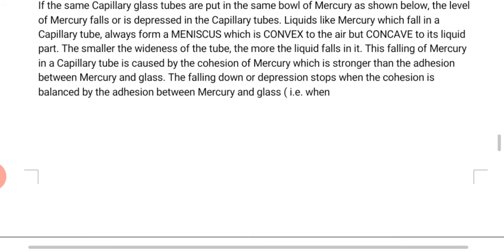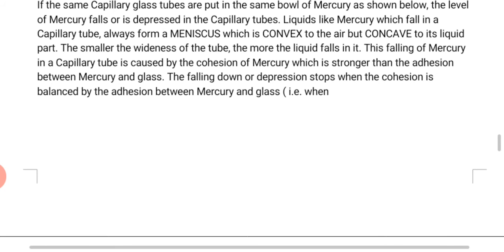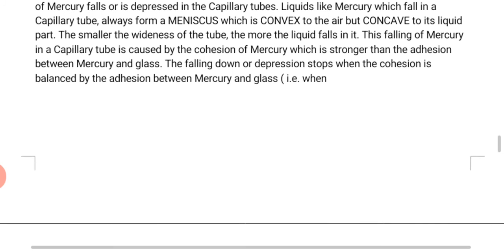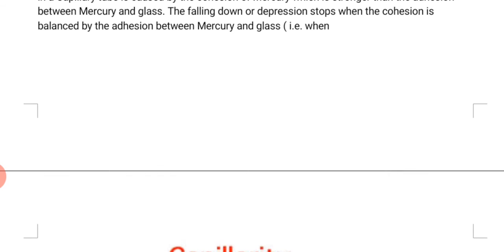The smaller the width of the tube, the more the liquid falls in it. This falling of mercury in a capillary tube is caused by the cohesion of mercury, which is stronger than the adhesion between mercury and glass. The depression stops when the cohesion is balanced by the adhesion between mercury and glass.